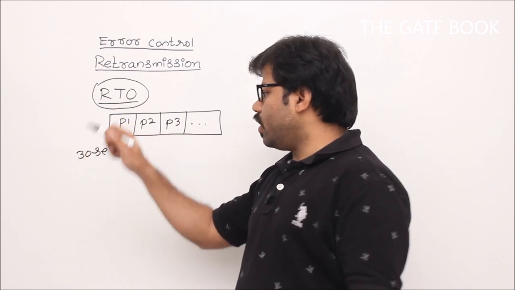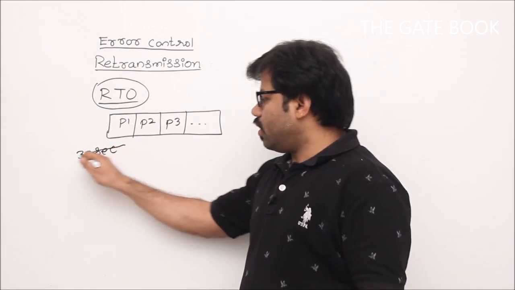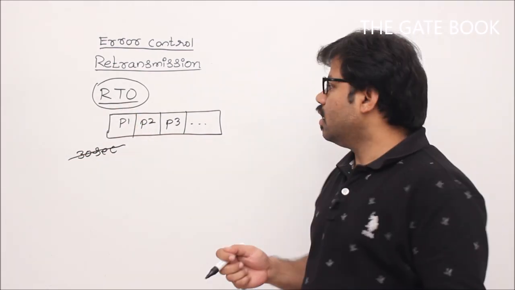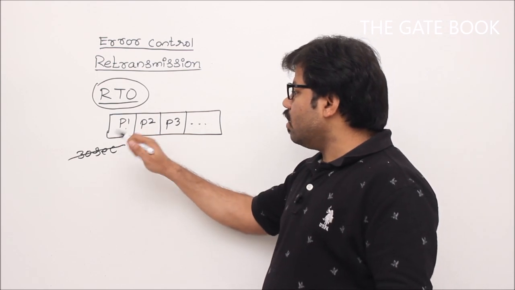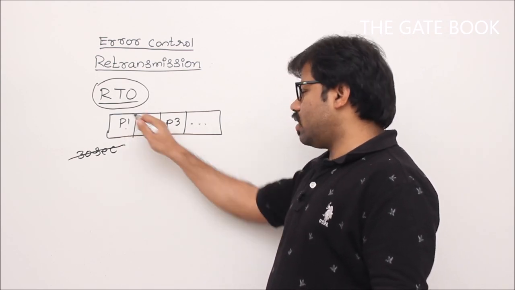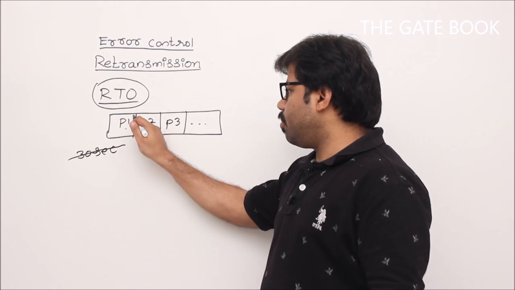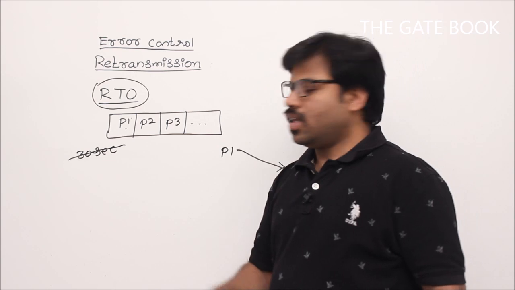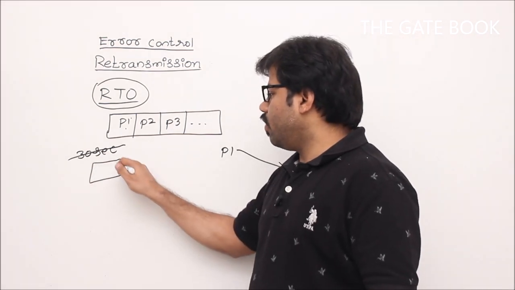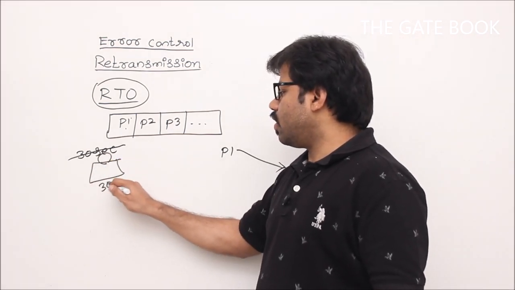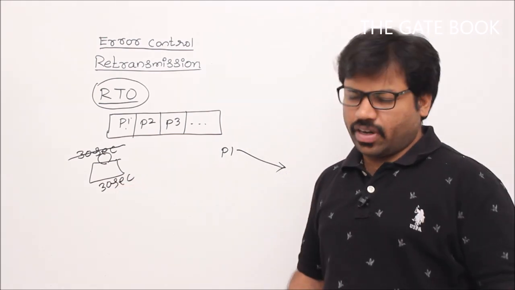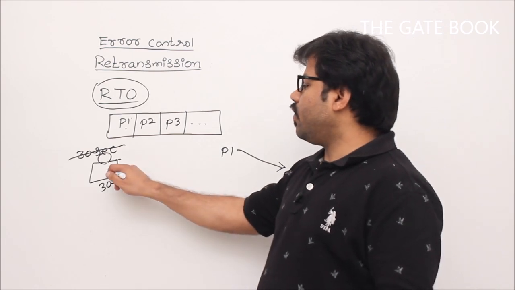After this timer times out, let's say the 30-second time has expired, immediately we take the first packet in this queue. These are all not acknowledged. Then take P1 and send it again. P1 will be sent. Then again you start the timer with 30 seconds. Again, if this timer times out before you get an acknowledgement for anything, then again we have to restart it.